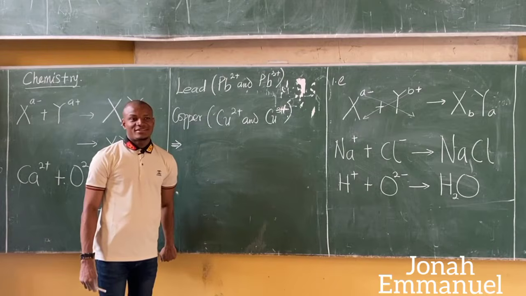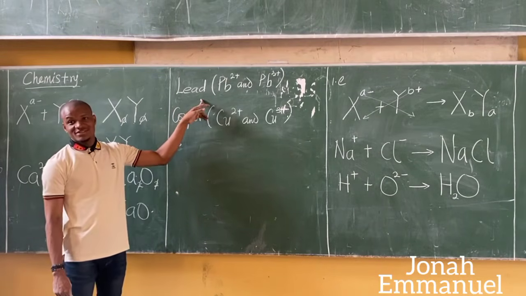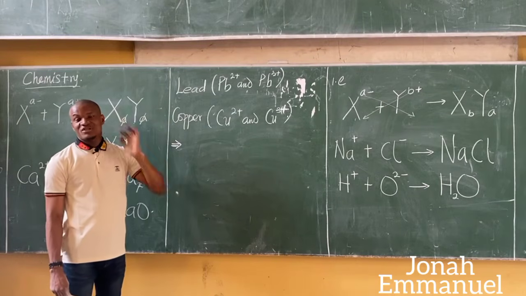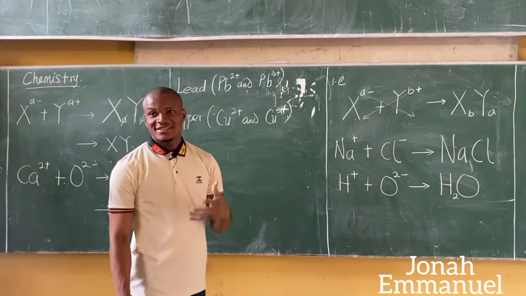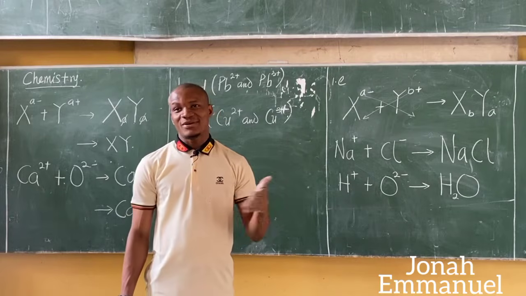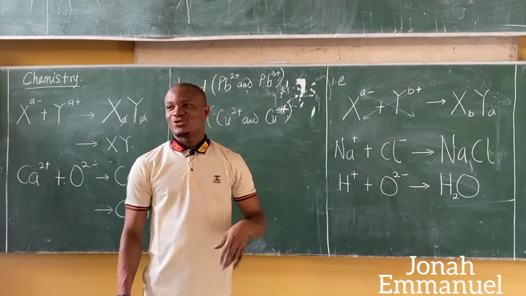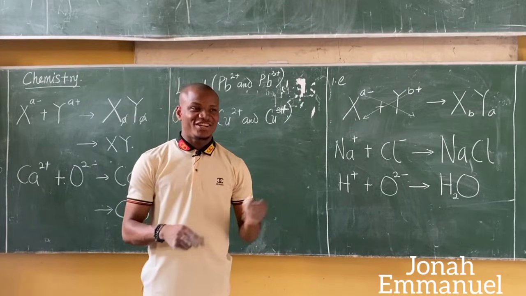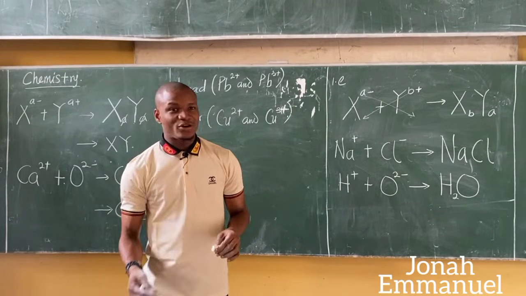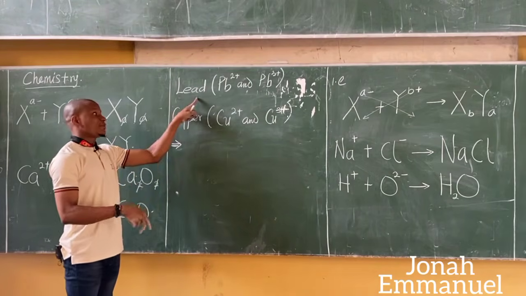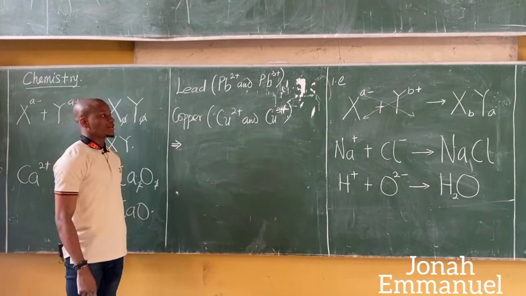In English, lead is the past tense, "led". So the difference between the English lead and chemistry lead: if I say lead in chemistry class, it's spelled lead, and you pronounce it "leed".